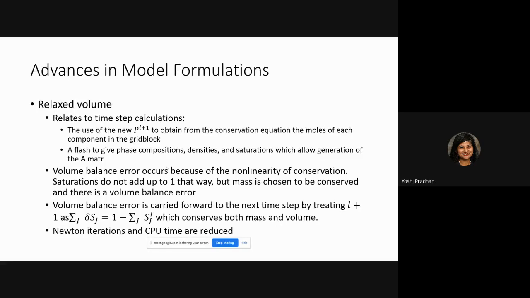Saturations do not add up to 1 that way, but mass is chosen to be conserved, and there is a volume balance error. A volume balance error is carried forward to the next time step by treating L+1 as delta J, and then our summation of J, delta Sj, equals 1 minus the summation of J, Sj in the ith grid block, which conserves both mass and volume. So S is saturation. And Newton iterations and CPU time are reduced.